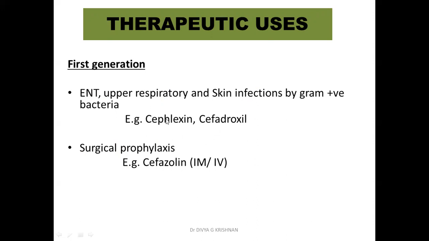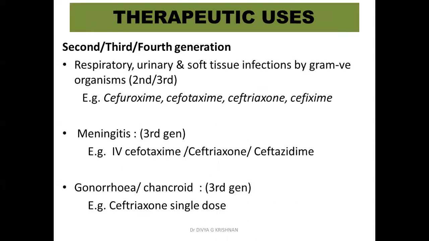You can give these drugs orally for these infections of the ENT, upper respiratory and skin. Then the first generation drug, that is cefazolin, is also used for surgical prophylaxis. That is, this drug is given before surgical procedures in order to prevent infection. So cefazolin can be given both IM as well as intravenously.